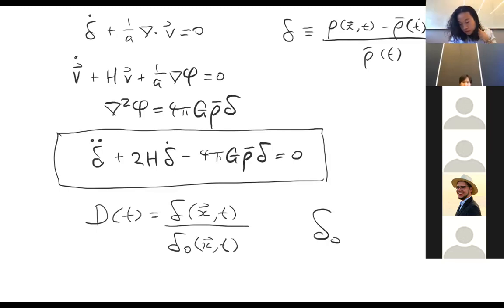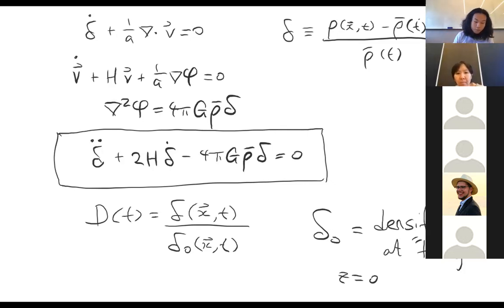Delta naught is simply the density contrast today, because you can technically normalize this to any redshift. This is thought of as the final redshift that you care about. The common practice is to normalize this to redshift 0, also called today, but you could do this for high redshifts.